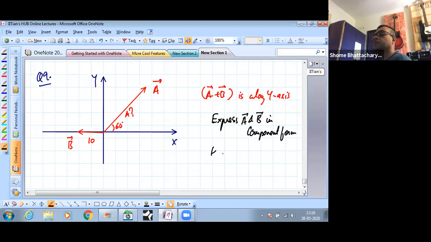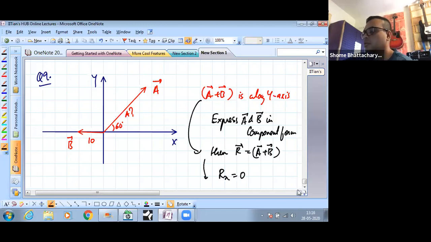Then find the resultant and then apply this condition here so that resultant's x component should become how much? 0. So just try this out quickly. There is only one way of doing this question, and that is by this component method.